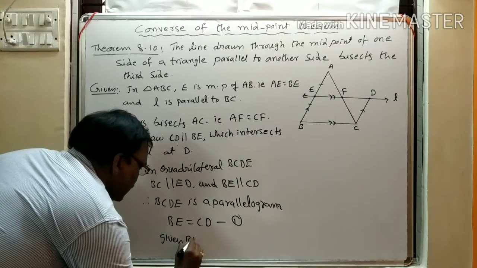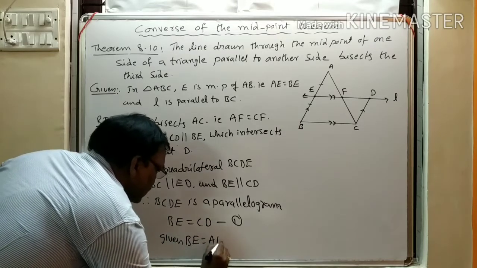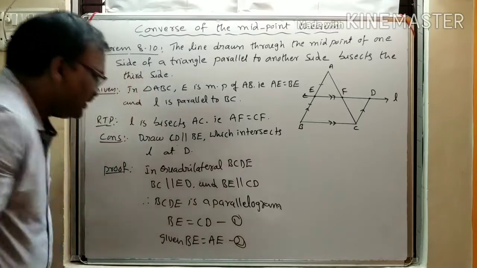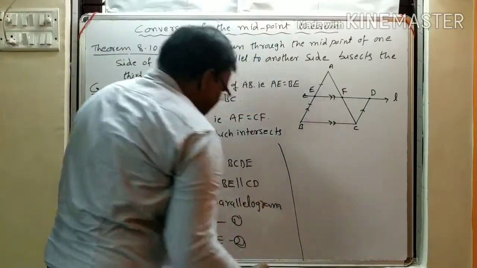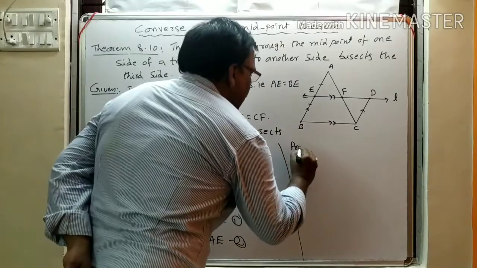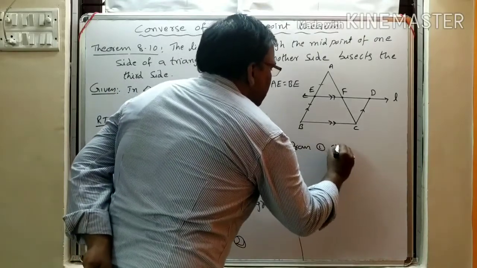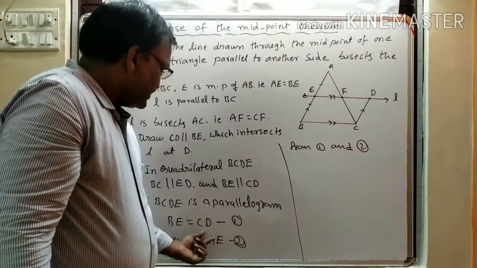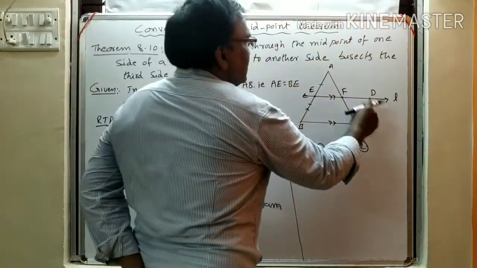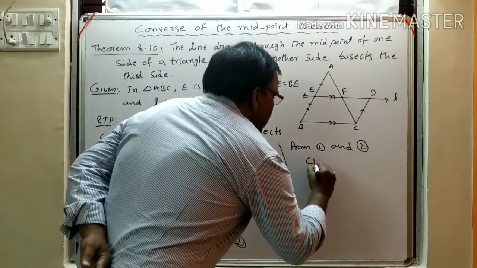From 1 and 2 we can write CD is equal to AE. So this length is equal to this length.